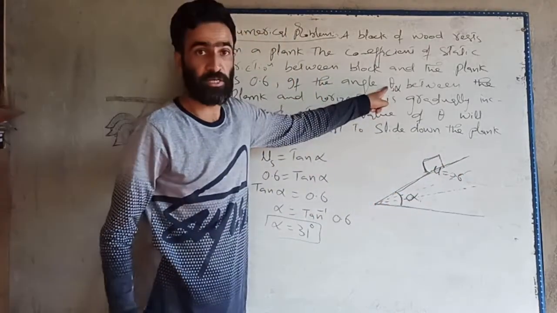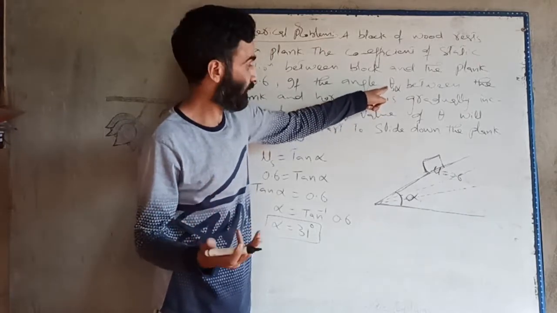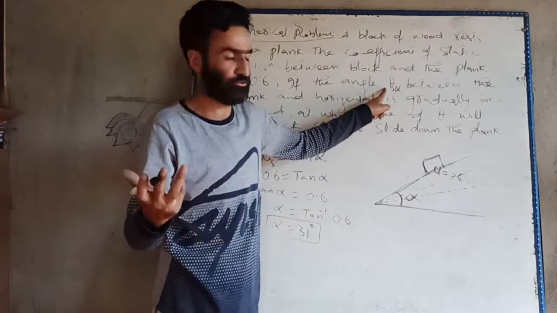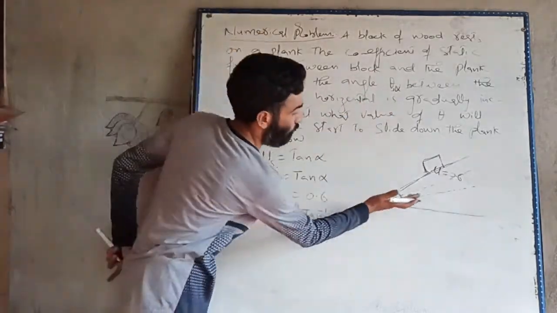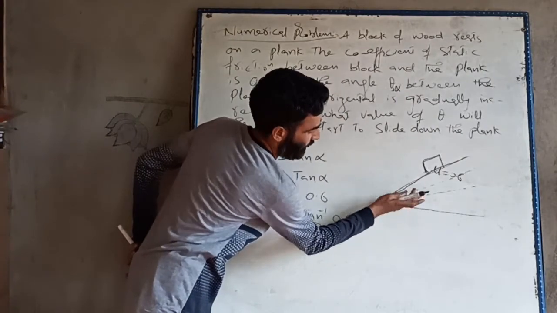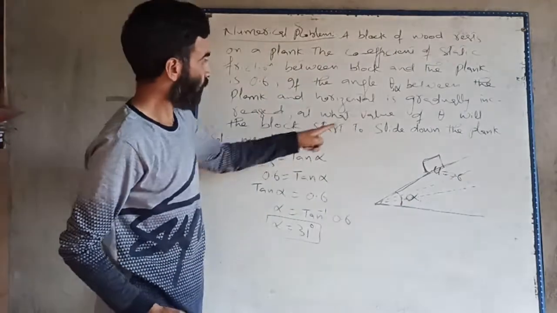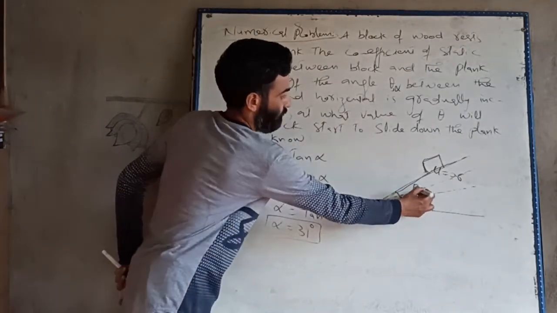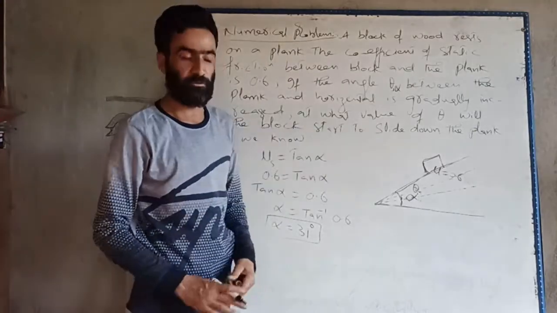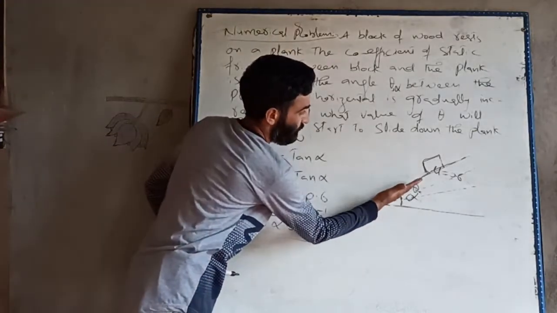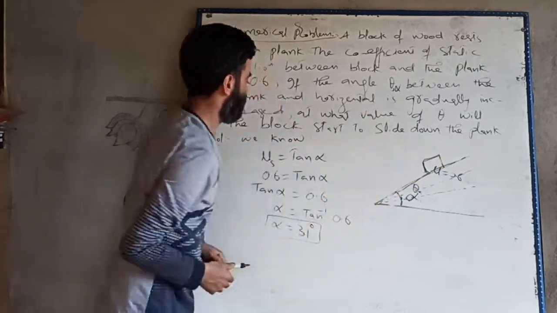So here it is theta, but if we represent it by its actual term, then that will be alpha. So theta is actually alpha. If I go on increasing this angle, at what value of theta, or alpha, will the block start to slide down? We have to find out that angle at which, if I increase it further, the block slides down.